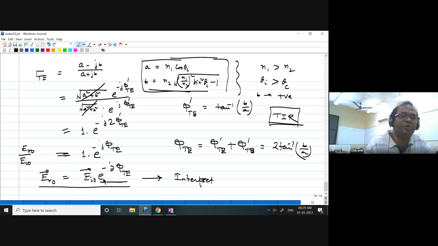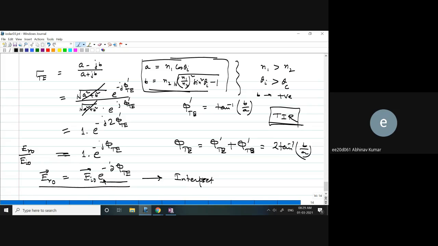Why is that phase important? Anyone can tell? Yes, sir. Actually, because of path length there will be phase, and because of reflection there will be phase. So when these two phases add up to 2 pi, constructive interference will happen.